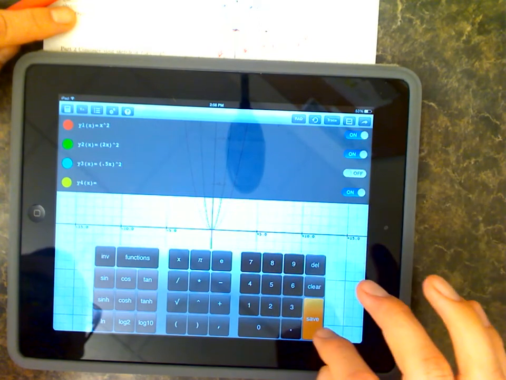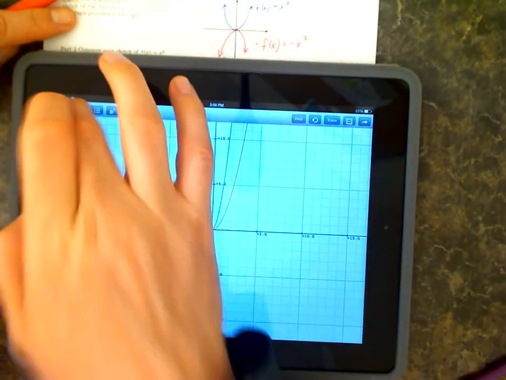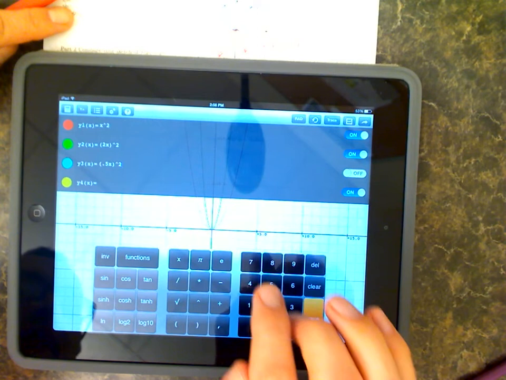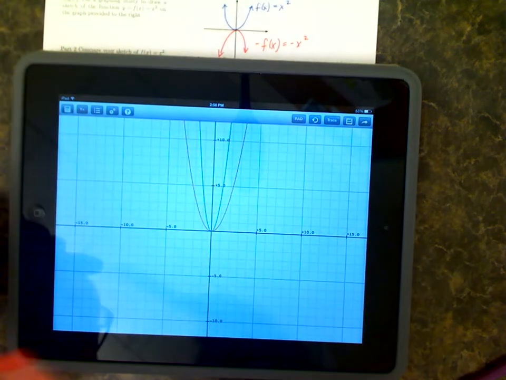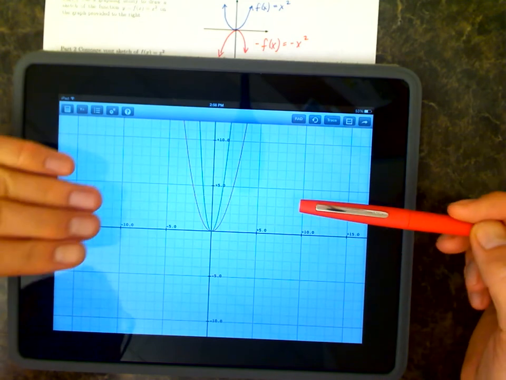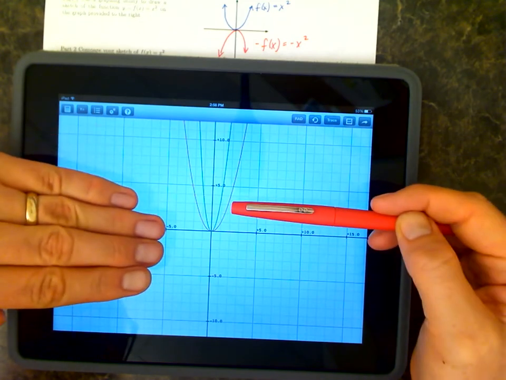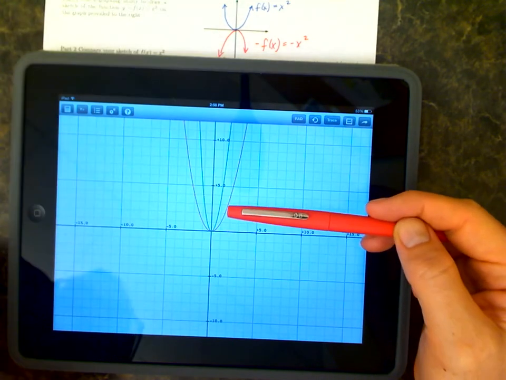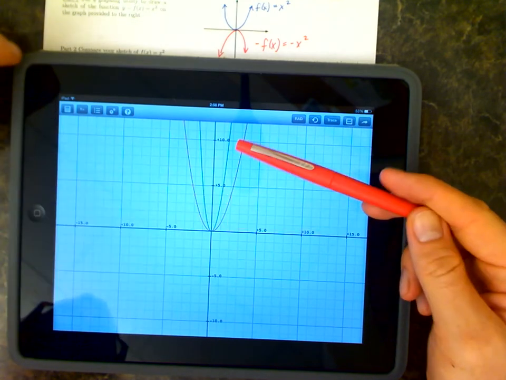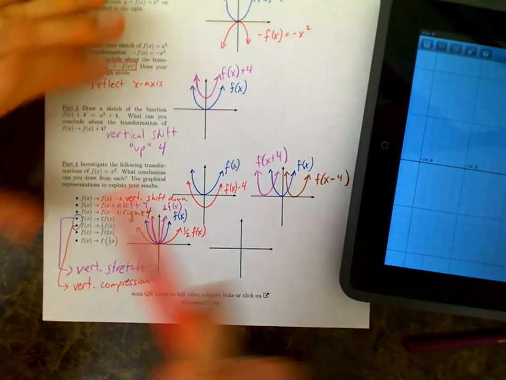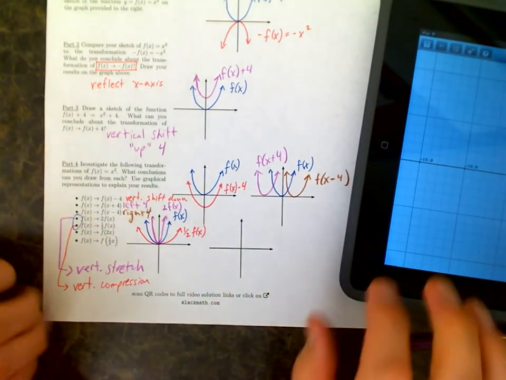So looking at the first one, what happens? Well, 2x in parentheses, it looks like a vertical compression, though a vertical compression and a vertical stretch might be kind of hard to see. In this case, it's even more exaggerated. It's stretched up even higher.